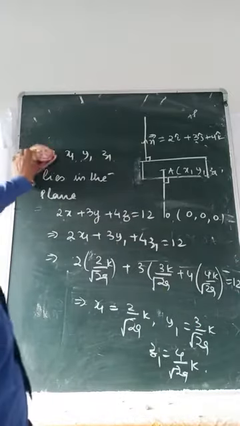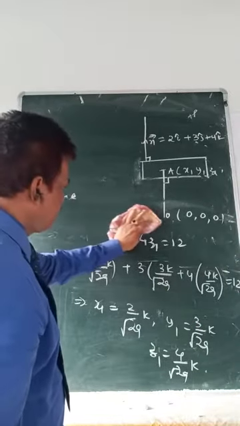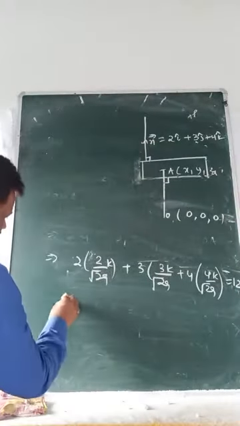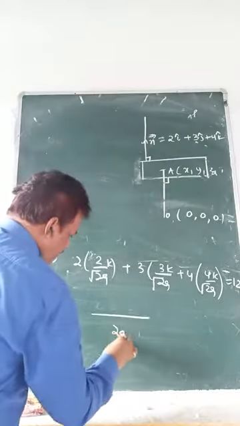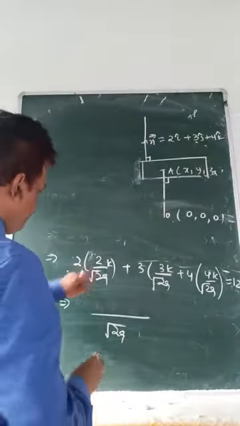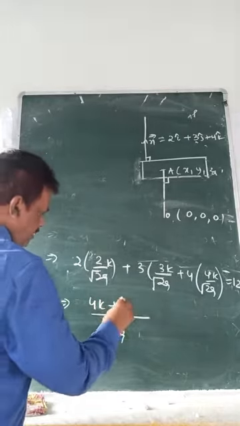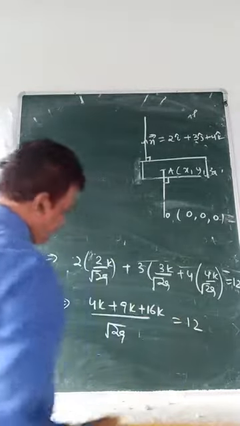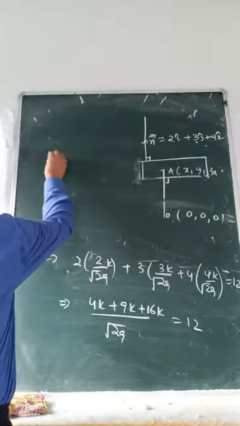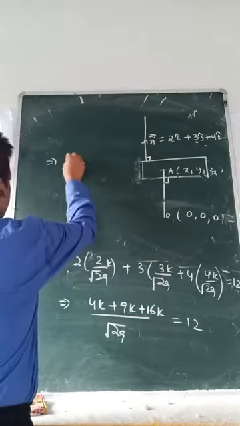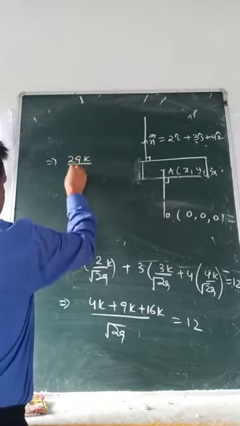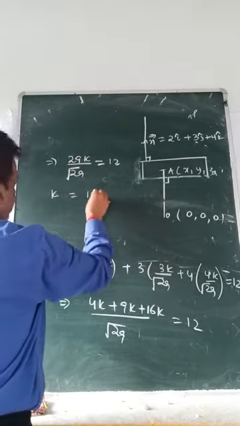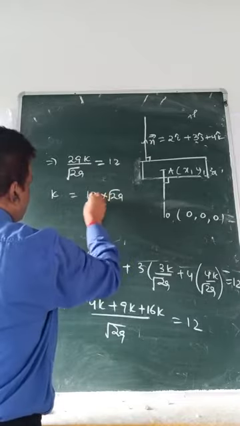So what did you get? 29 is the LCM: 4k plus 9k plus 16k equals 12. So that is 29k by root 29 equals 12. k equals 12 into root 29 by 29.